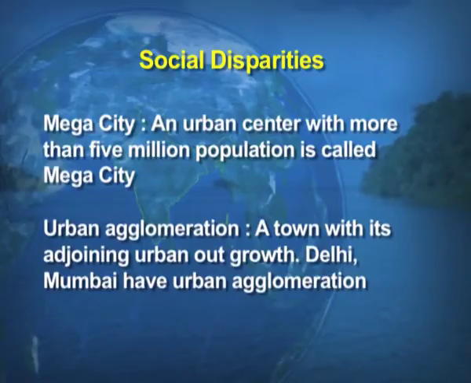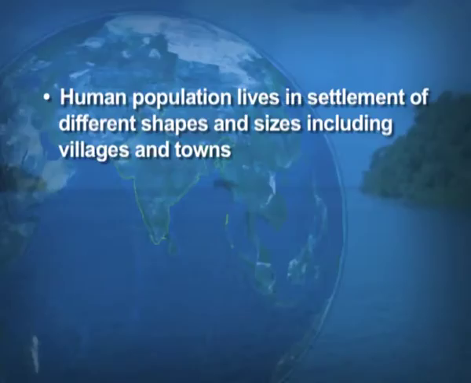We also take up the term urban agglomeration. It is a town with its adjoining urban outgrowth. So, that means an urban area where the population expands. We have certain examples for urban agglomerations. For example, Delhi, Mumbai, they are the best examples of this.